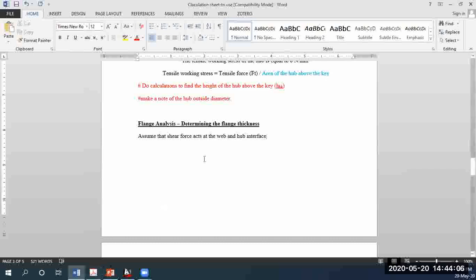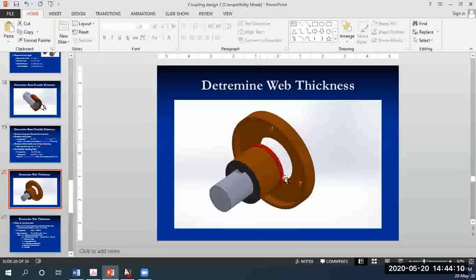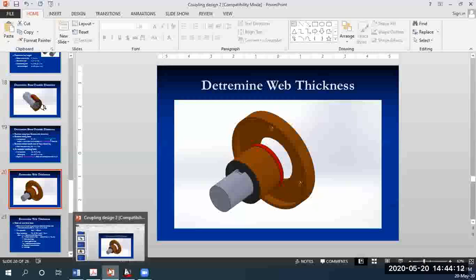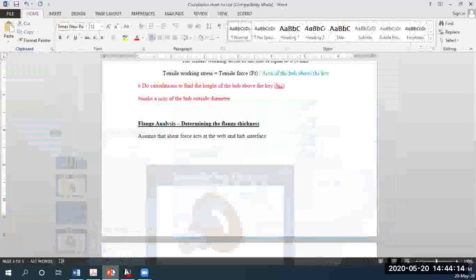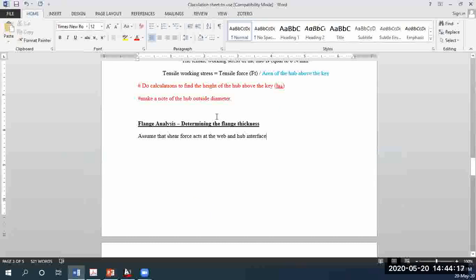When I say web and hub interface, it means whatever is shown here in red. That's the web and hub interface, and the shear force acting is tangential to the hub.